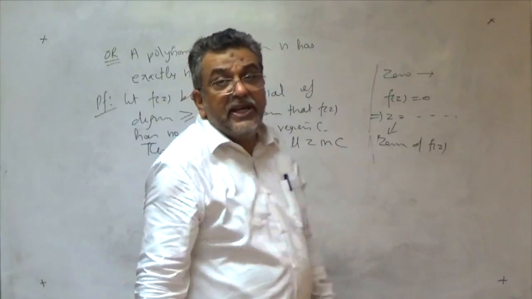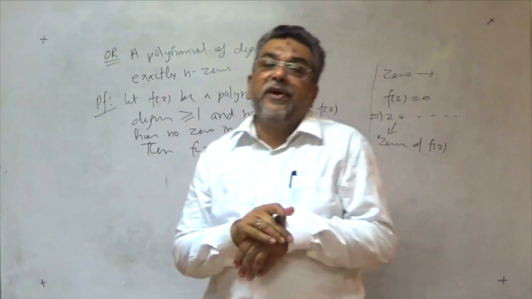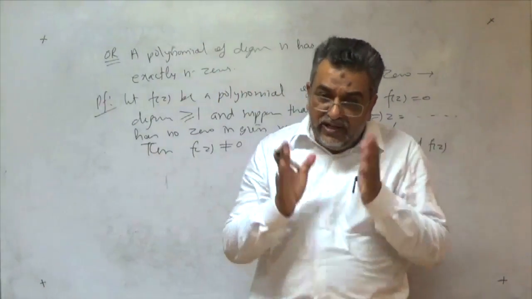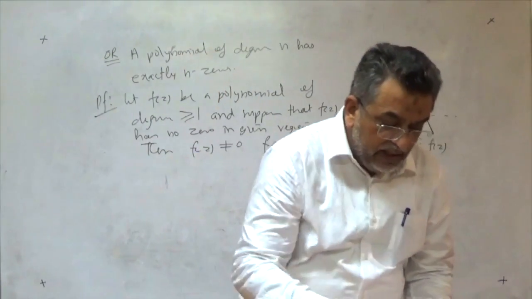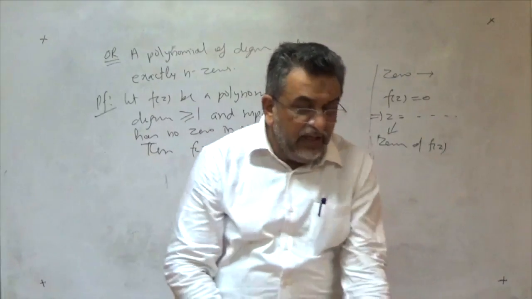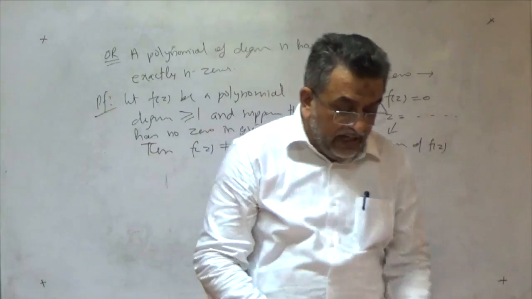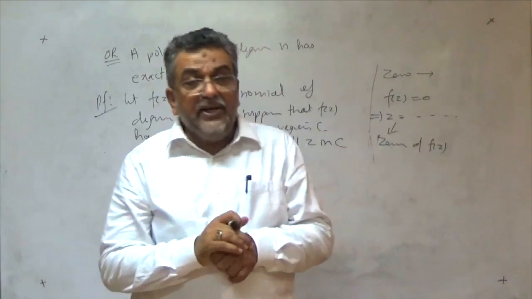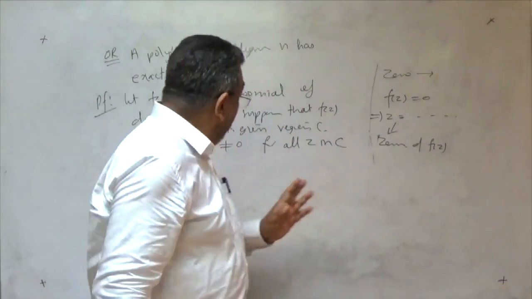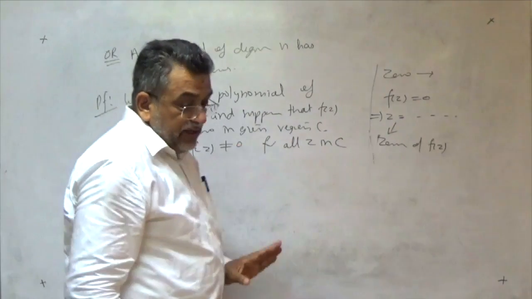We are considering f(z) to be a polynomial of degree at least 1, and second, that f(z) has no zero for all z.